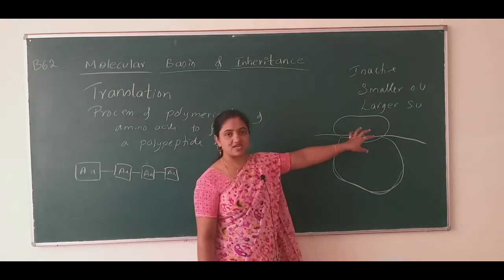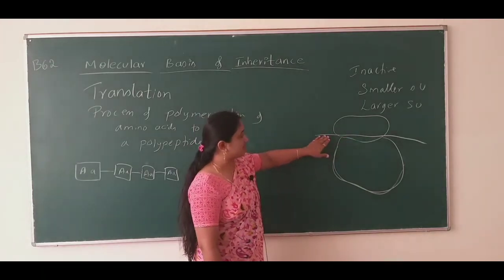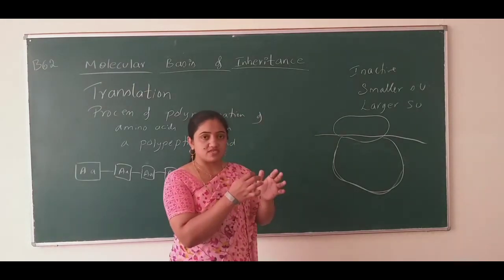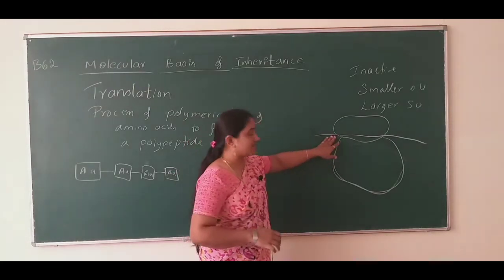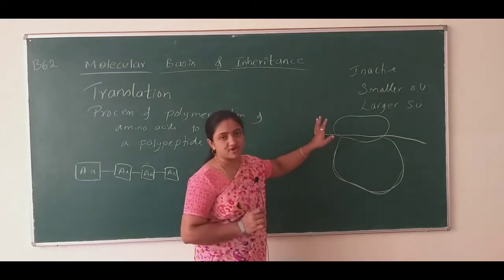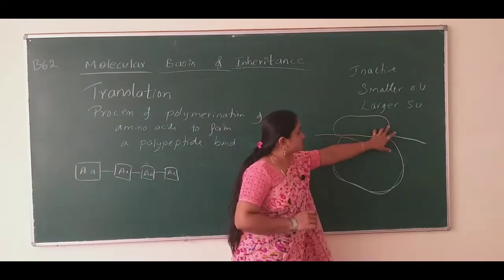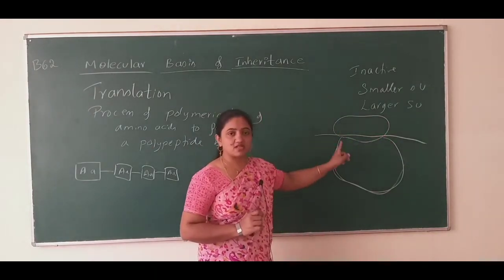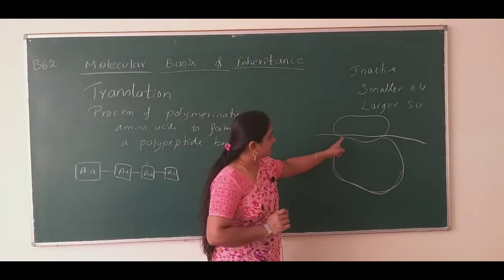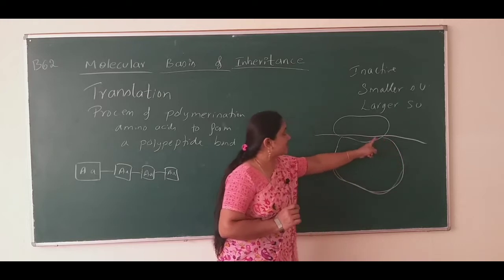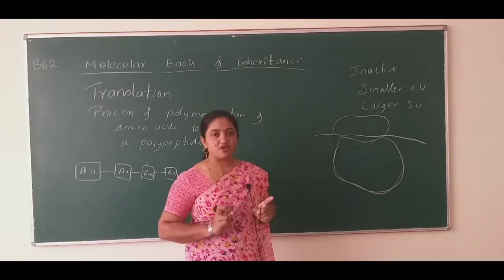After all the processing completes, the mRNA comes out from the nucleus and gets attached to the smaller subunit of a ribosome. Here the process begins, and the larger subunit then attaches to the smaller subunit.